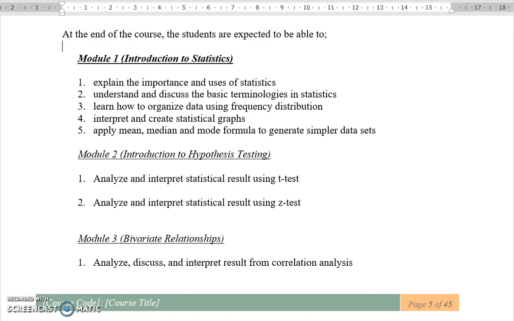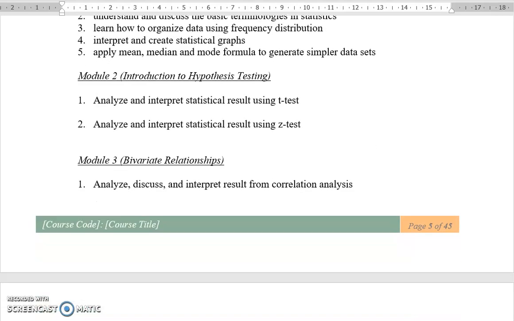For Module 2, in hypothesis testing, we will be using the two most common statistical tests that we use in descriptive statistical and qualitative researches, which are the t-test, or the student t-test, and the z-test, or the one sample t-test.